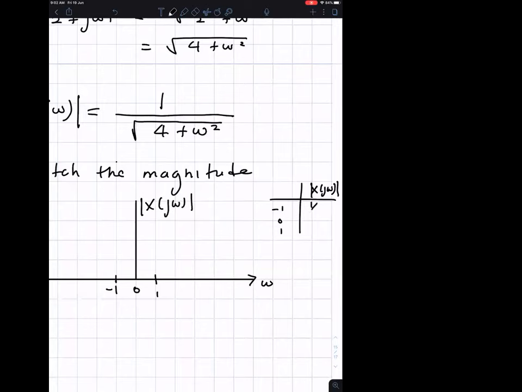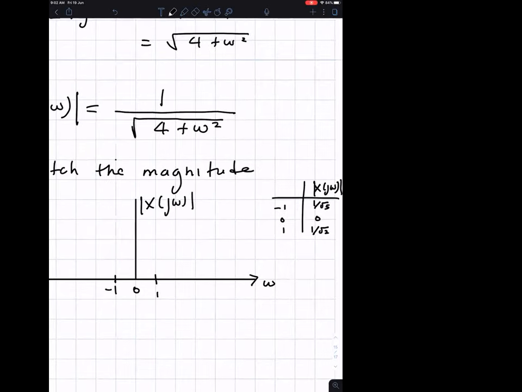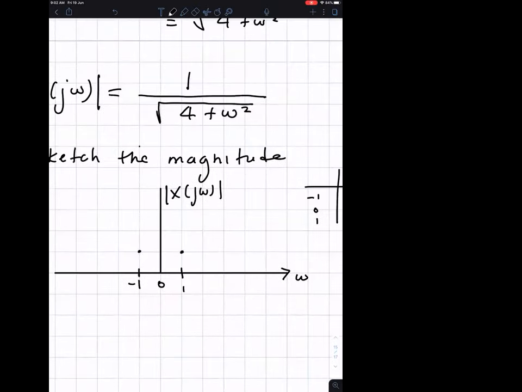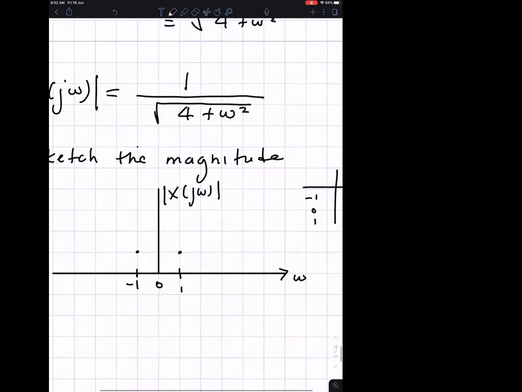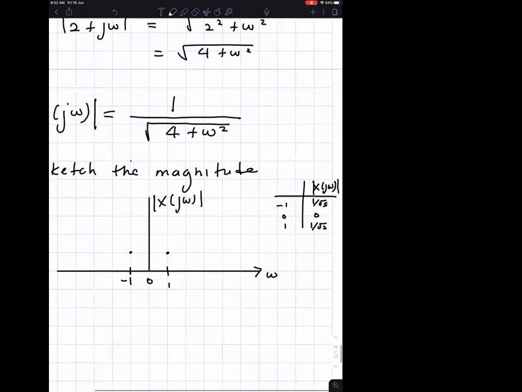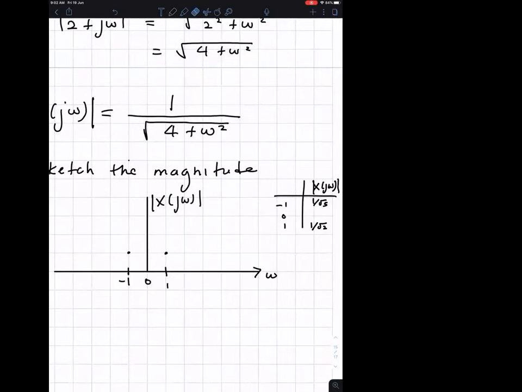So 1 over square root of 5, and for 1 this one also 1 over square root of 5. So this is an even function. When omega is 0, sorry, it's not 1, it's 1 over square root of 4, which is 1 over 2.